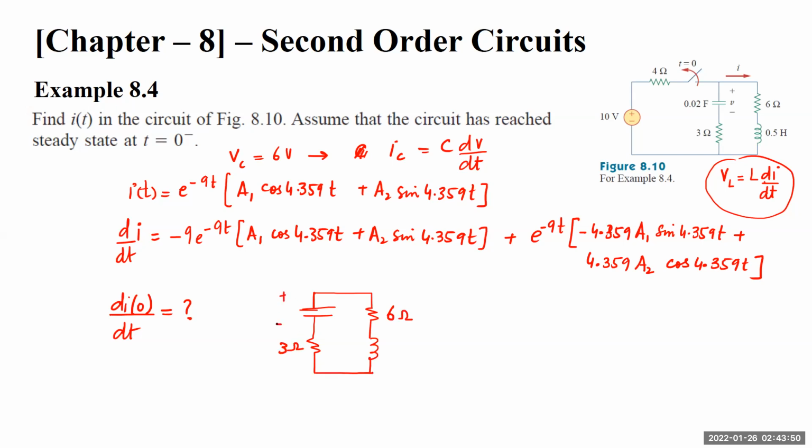This has plus minus VC0, and this has IL0, which is 1 ampere, and we have VL equal to 6 volt. Now we have to find the rate of change of current, di by dt.